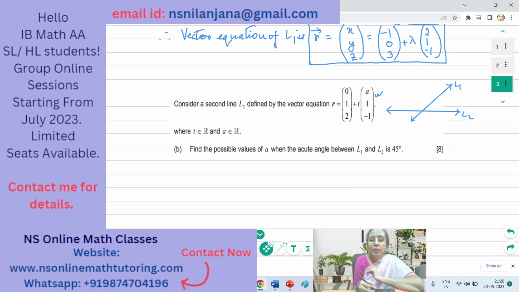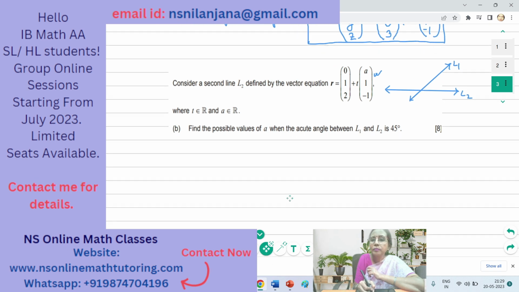So the angle between two lines is in fact the angle between the two direction vectors, because the direction vectors show the direction of the two lines. Let us write the direction vectors. For L1, it is (2, 1, -1).